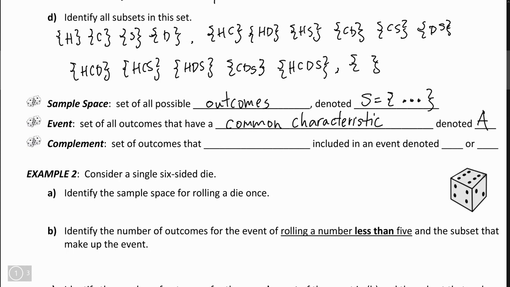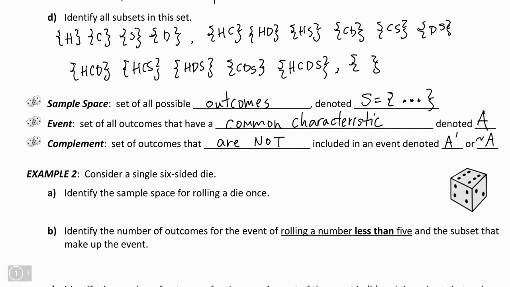And the complement, the set of outcomes that are not included in an event, is denoted A prime or tilde A. So if we have, let's say, 12 students in our classroom, and our classroom is a set of 12 student names, then the complement would be every other student name in our sample space. If our sample space was the school, then every other student would form the complement of our set, or the complementary set. So A prime or tilde A.